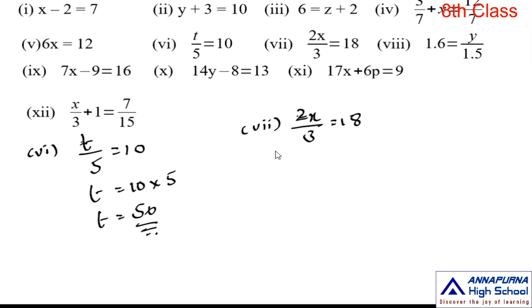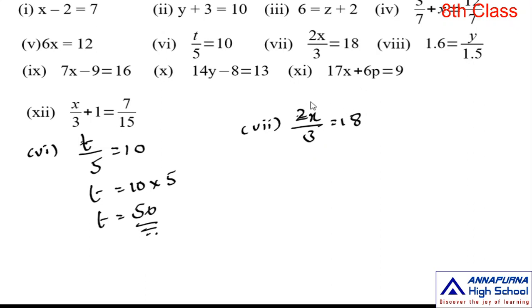In this seventh one also, we have two terms, one is 2x by 3 and another one is 18. You can solve this equation in two ways. I will explain the two ways to solve this equation.